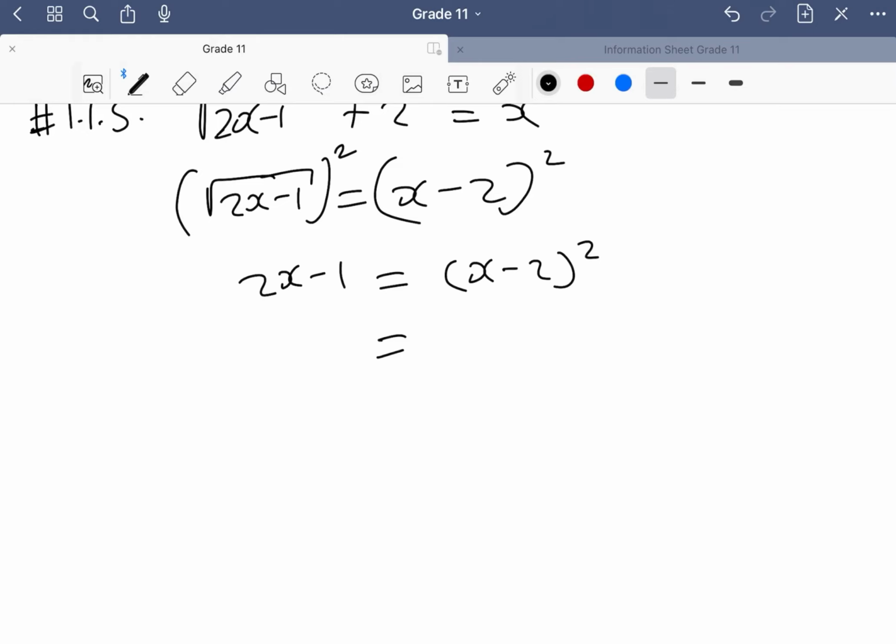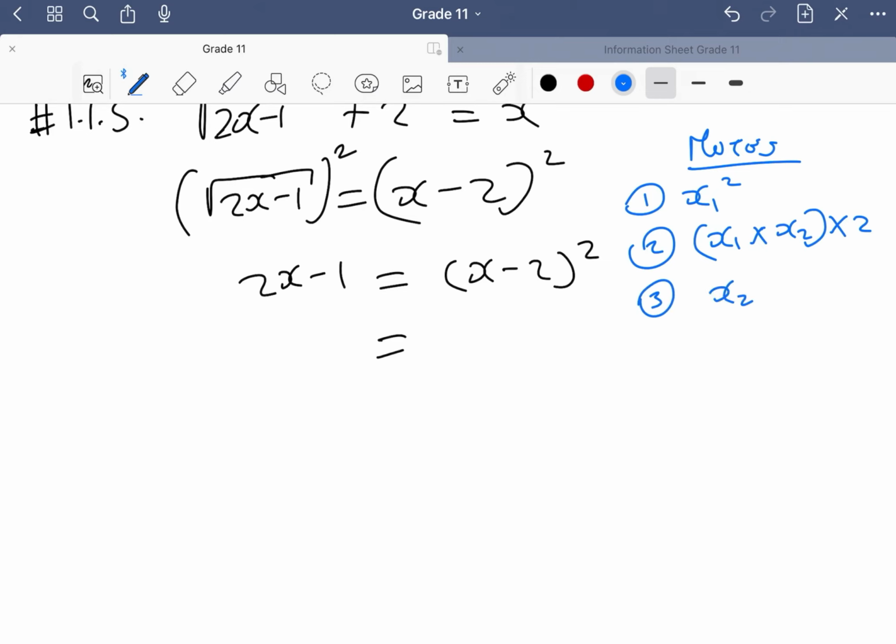The way I do this in my head, it's very important. Probably there are other ways of doing this problem, but the way I would do it: number 1, square the first term. Then take twice the product of the 2 terms, and then square the last term.